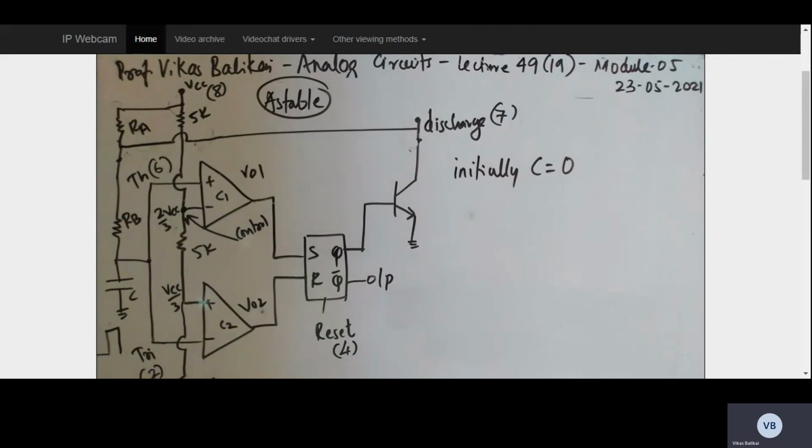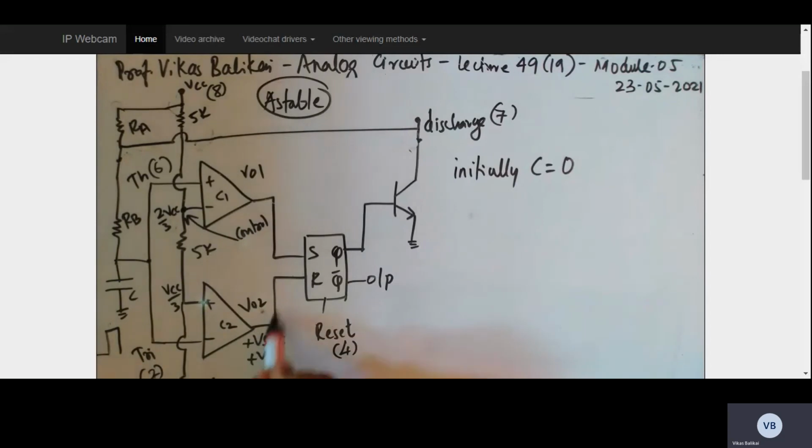In this scenario, my non-inverting terminal is at plus VCC by 3 and the inverting terminal is at 0, which means the non-inverting terminal is at the highest potential, hence my output VO2 will be pushed towards positive saturation voltage, plus Vsat. That means it is at plus VCC, which in terms of logic values is logic value 1.